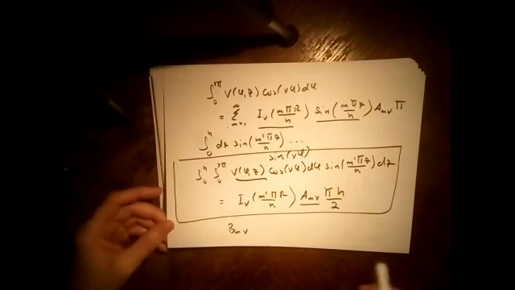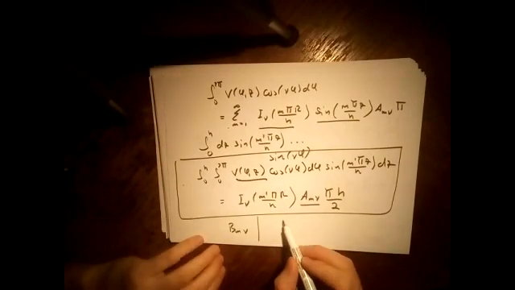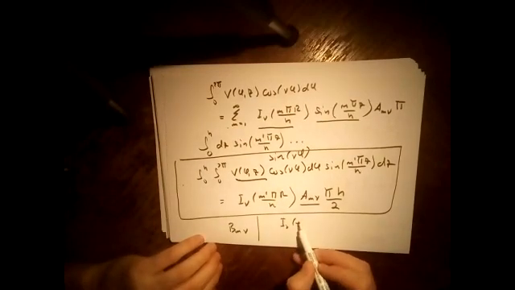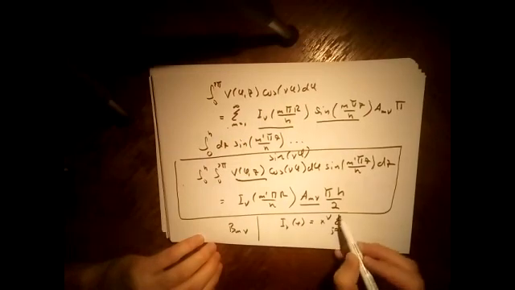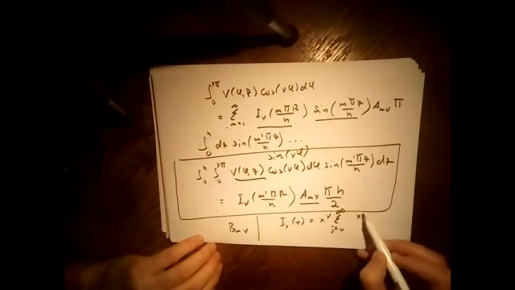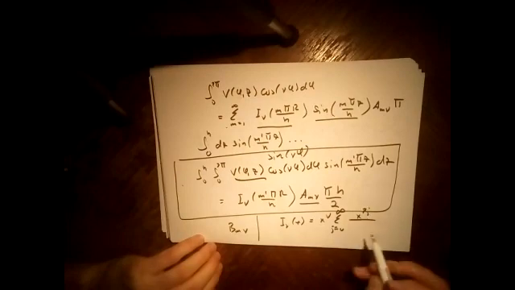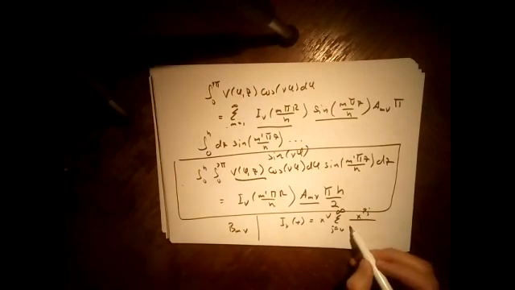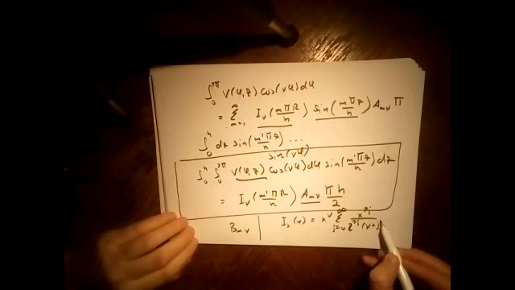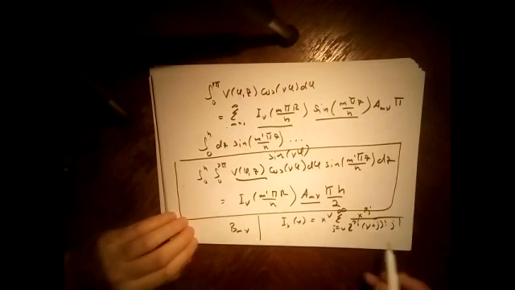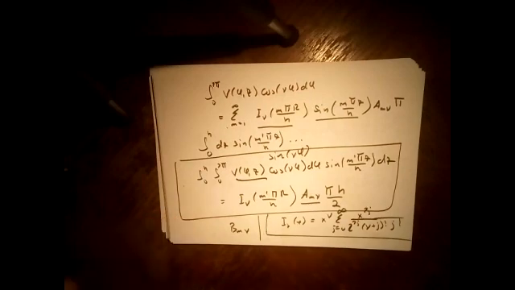So basically, we had the function I_ν(x), which is (x/2)^ν times the sum from j equals 0 to infinity of x^(2j) divided by 2^(2j) (ν+j)! j!. That's what it was. So that's actually the modified Bessel function.